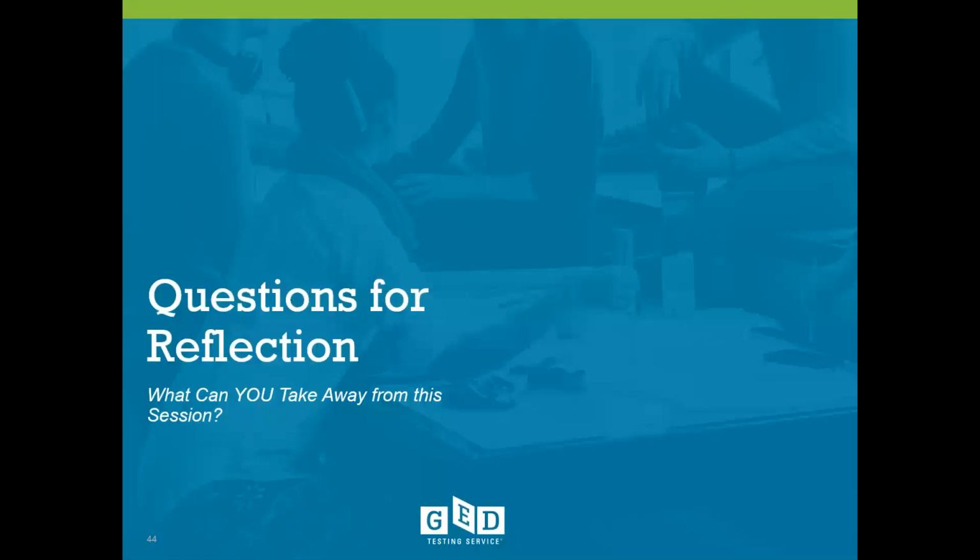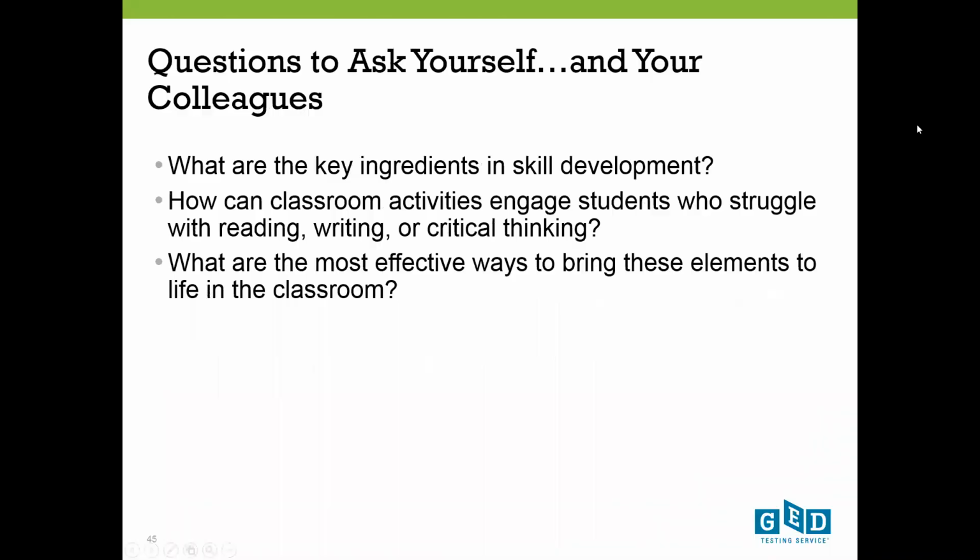So at this point, we're almost to time. And so I just wanted to leave you with a question for reflection for you and also for your colleagues. What are the key ingredients in skill development? As you look at the score reports, spend some time thinking about that.